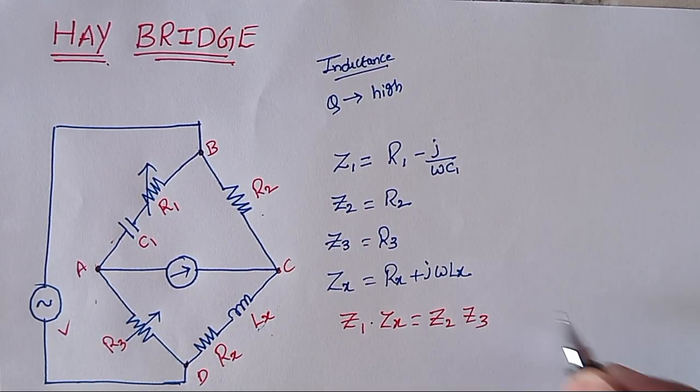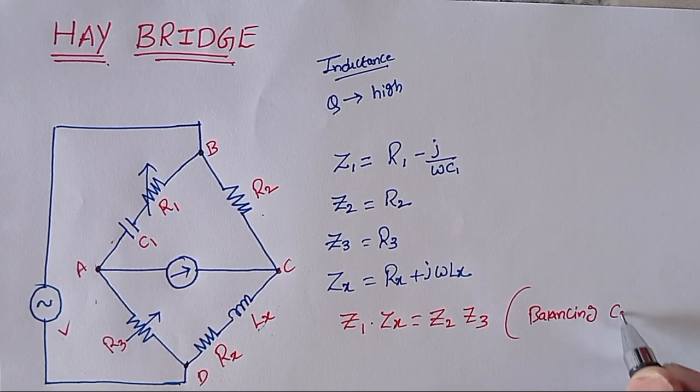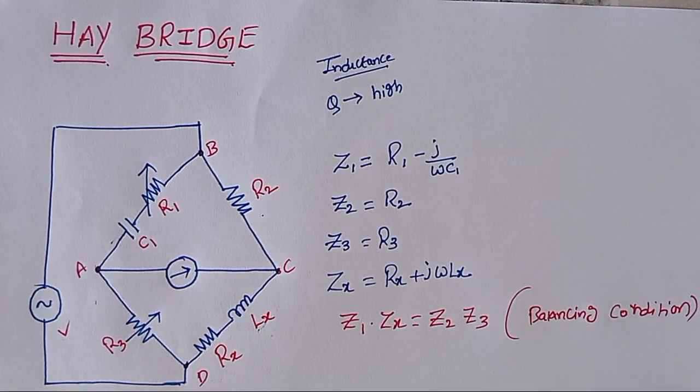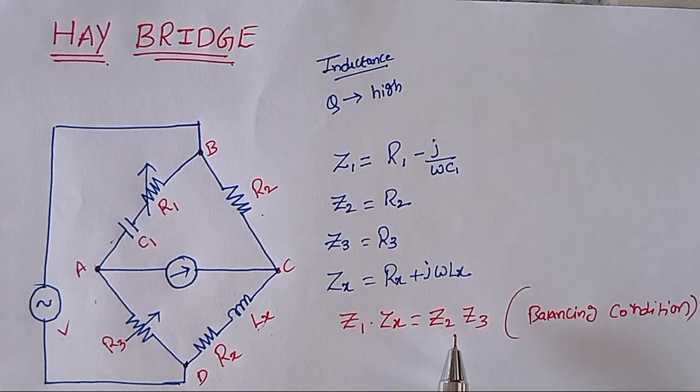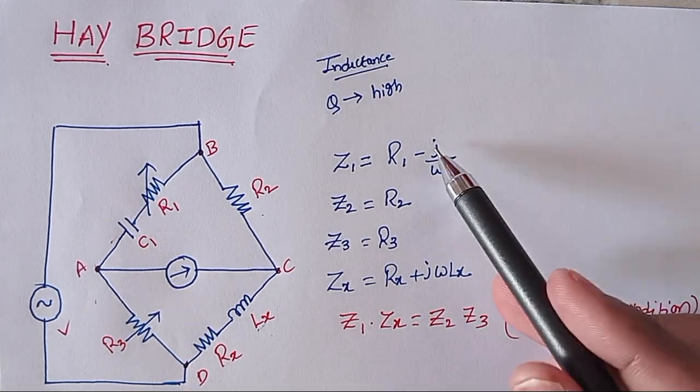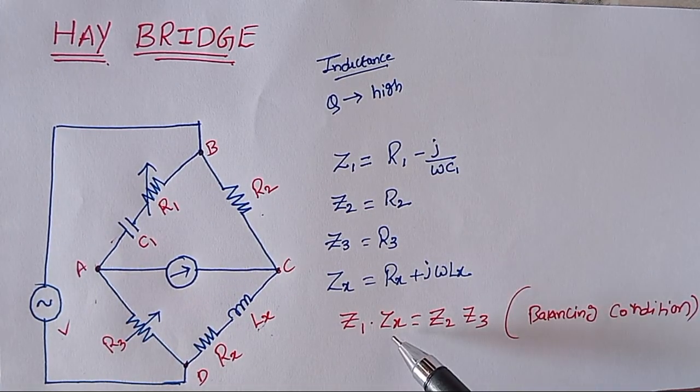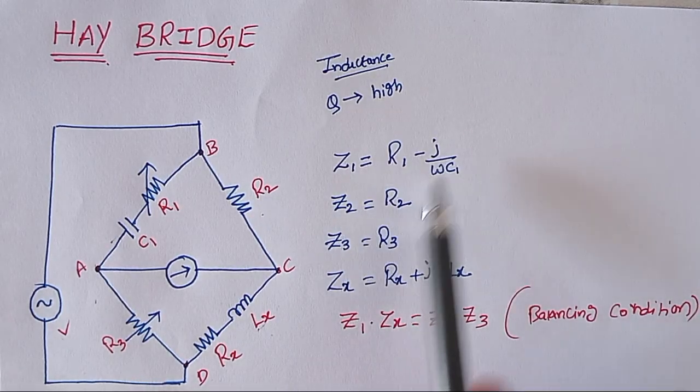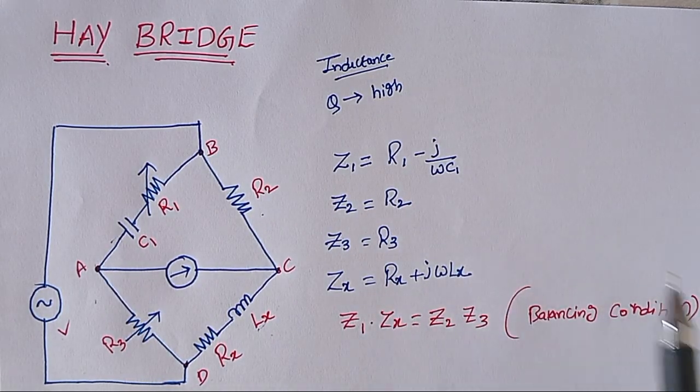This is the balancing condition, which we have already derived for AC bridges. Now I am substituting all these values in this equation.